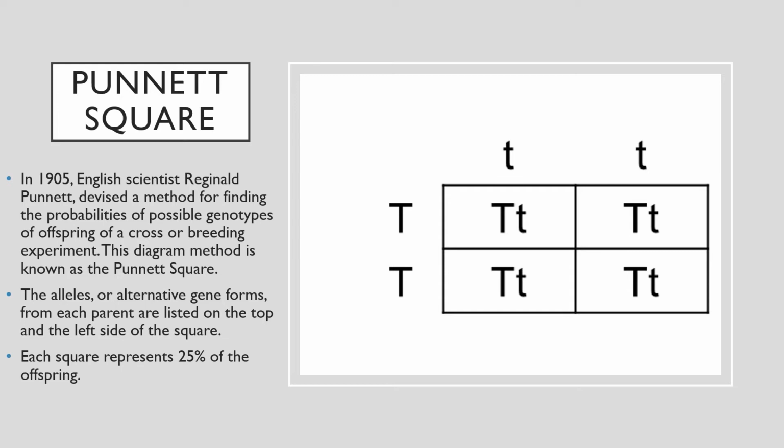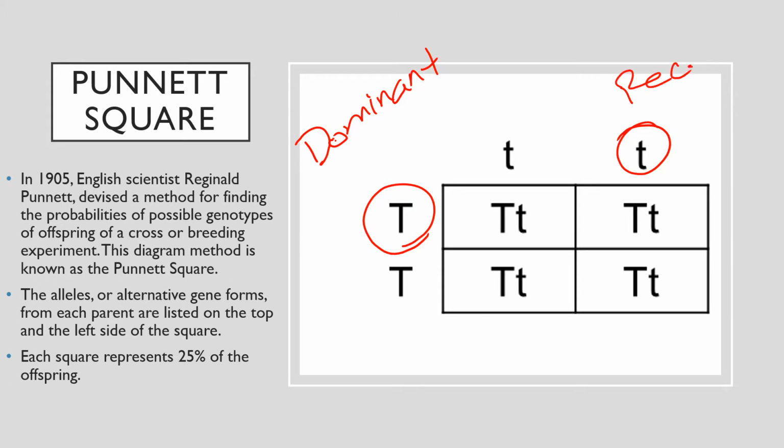So the alleles, which you can see right here, these are the alternating forms of the same gene. Here we have a capital letter, which represents a dominant gene. And over here we have a lowercase letter representing a recessive. Now you're not always going to have it in this pairing, but just giving you an idea.